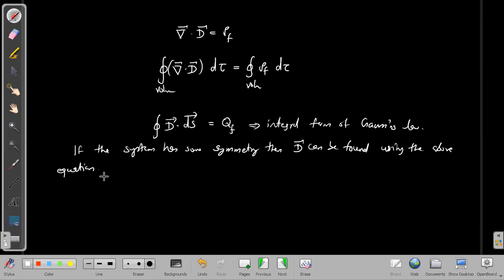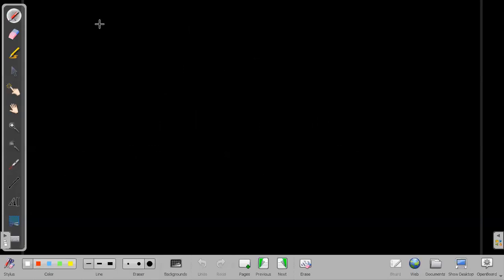Okay, so it is better to illustrate this statement, that is, how we can use this symmetry to find the electric displacement. So there is one question, example 4.4 in your textbook, Introduction to Electrodynamics by Griffiths, third edition.